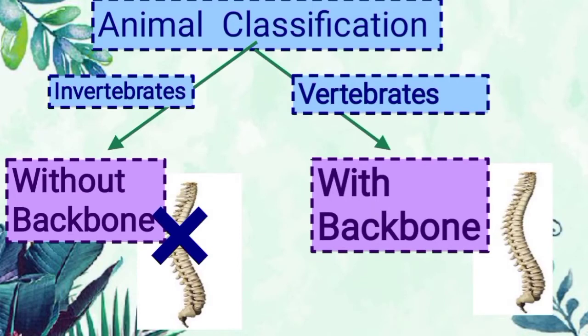Now let's understand animal classification based on the absence or presence of a backbone. Humans can move because your body is supported by an internal skeleton, which works as a support structure for your body. It gives the body its shape and allows movement. But not all animals walk and run around like humans.